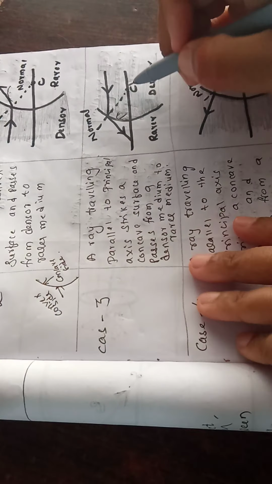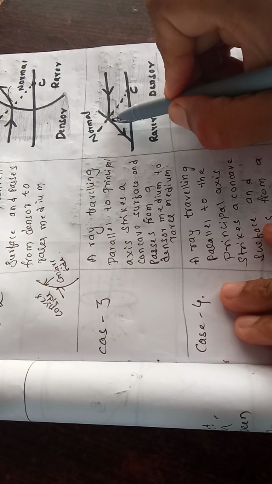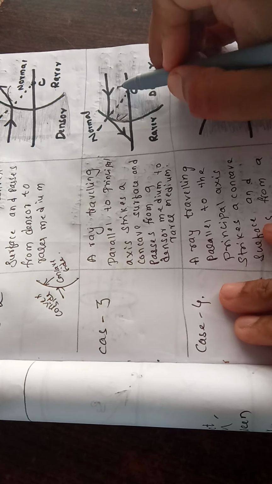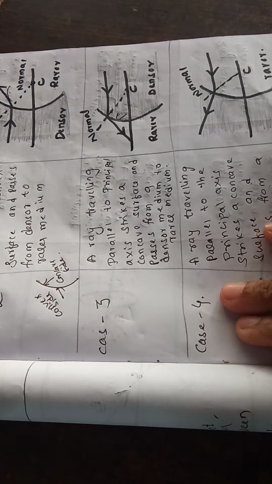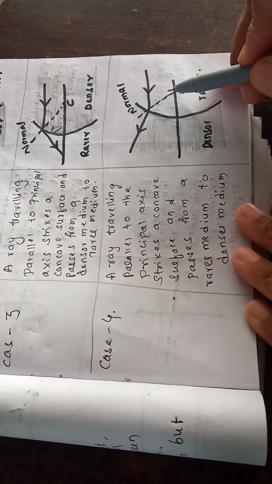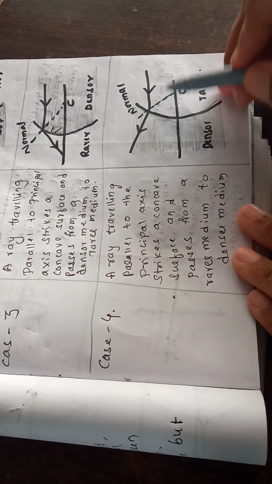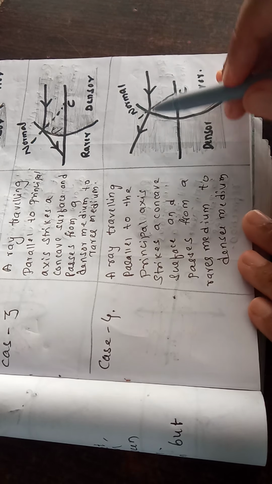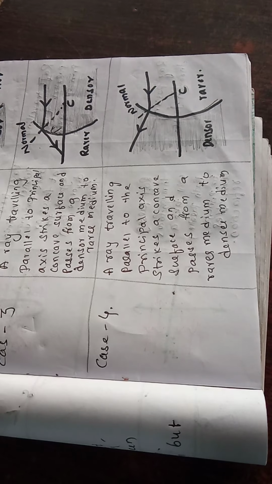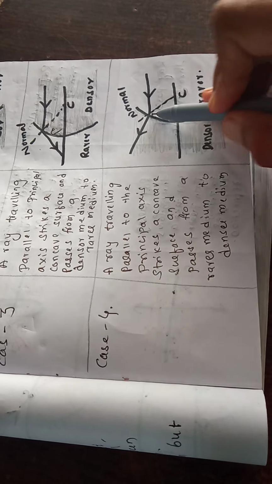When the ray travelling parallel to the principal axis strikes on the concave side, it travels from denser to the rarer medium, and this is the normal. Similarly, a ray travelling parallel to the principal axis strikes the concave surface and passes from rarer to the denser medium.